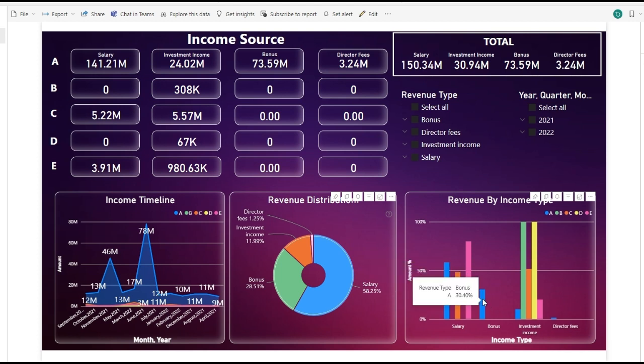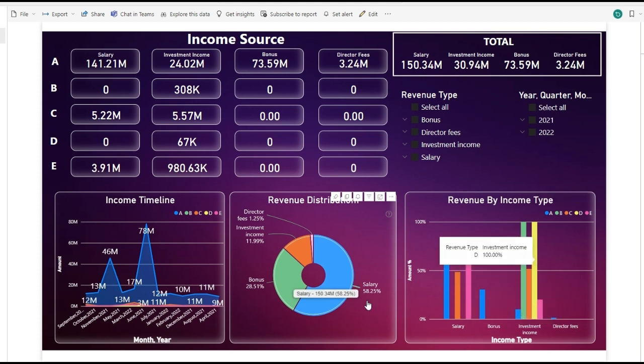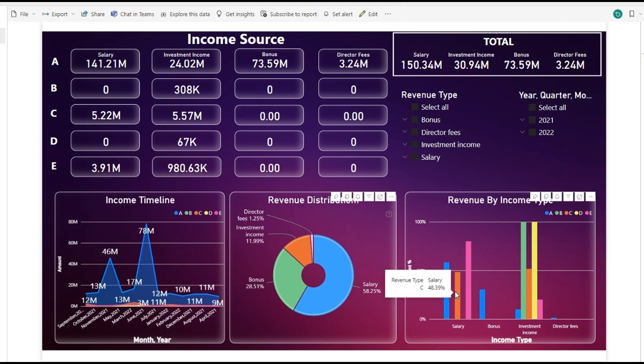He has got 30.40 percent of his total income from the bonus. He has earned 9.92 from his investment part, and he has earned 1.34 percent as director fees. This will help you to understand category-wise percentage of income generated by all the members. For example, C has earned 48.39 percent from his salary part.